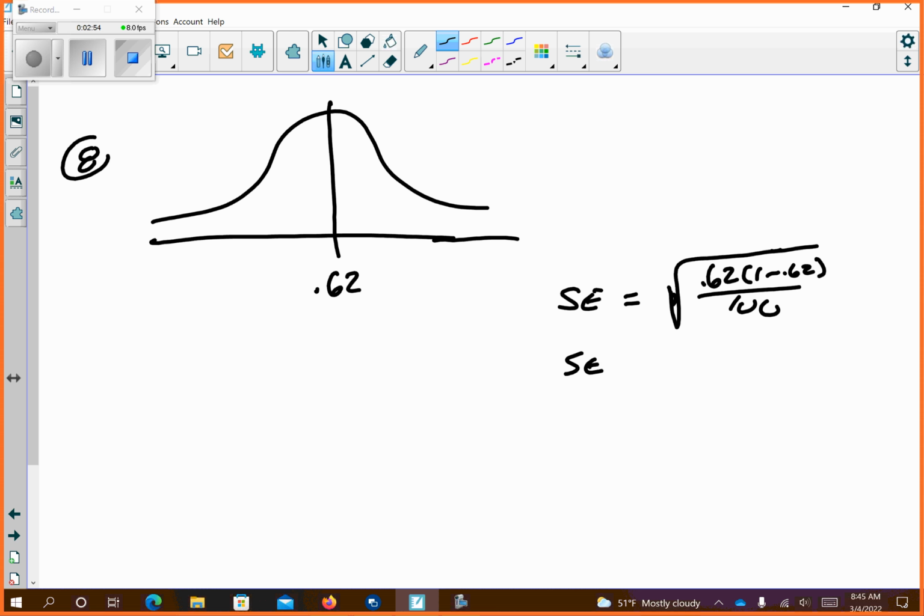So we find a standard error of 0.0485. Let's round that to 0.05 so I'm not adding decimal places. So this will become 0.67, this will become 0.72, and 0.77.